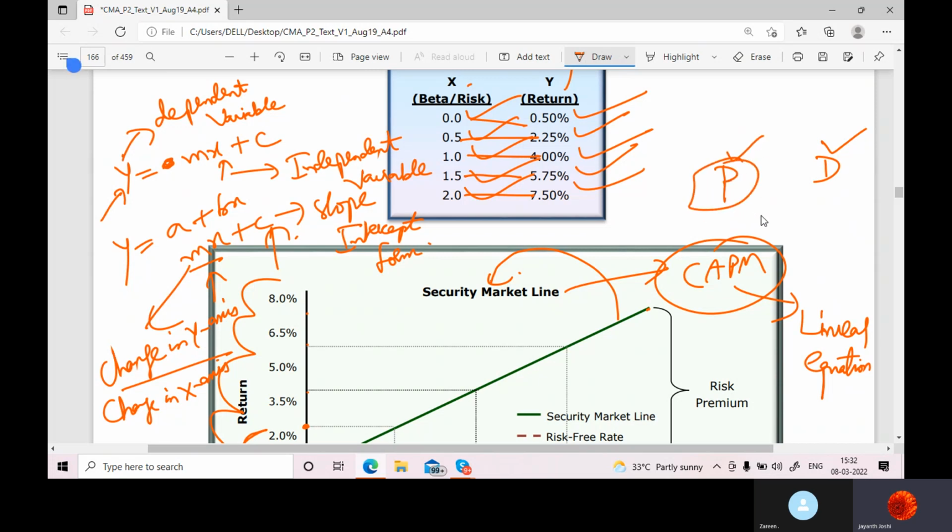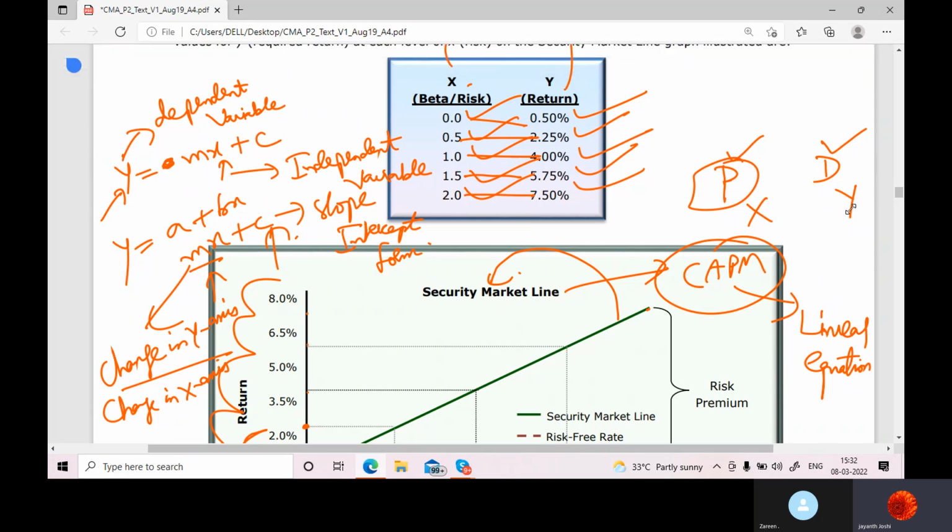So price is the independent variable, and x can be termed as price, and y is the dependent variable, which can be termed as demand. Because as you increase the price, the demand decreases, and as you decrease the price, the demand increases. So demand is always dependent on price.